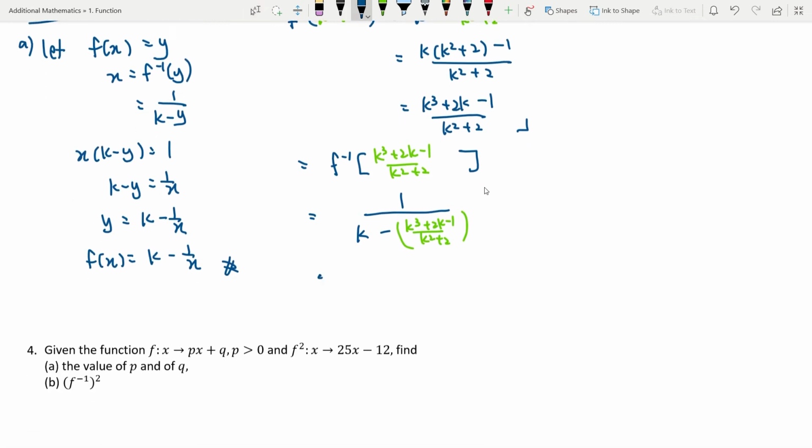Simplify the fraction. We have 1 over k multiplied with k squared plus 2 minus k cubed plus 2k minus 1 over k squared plus 2.